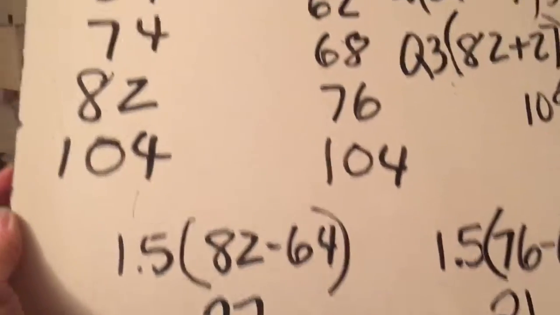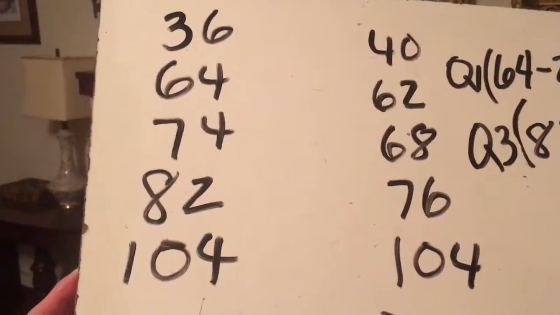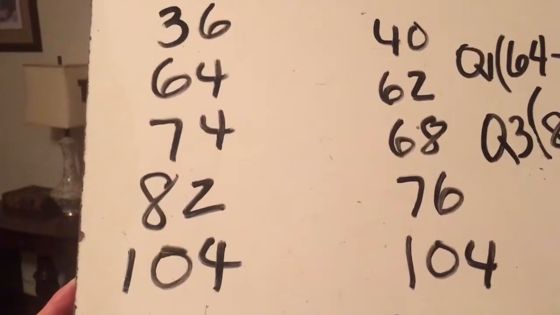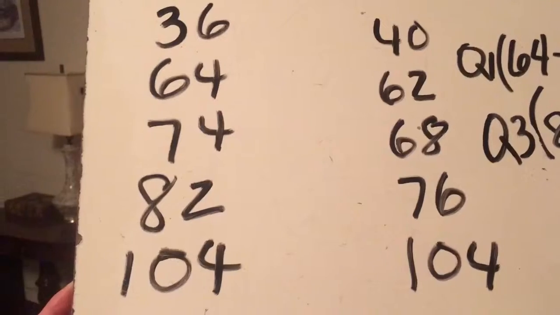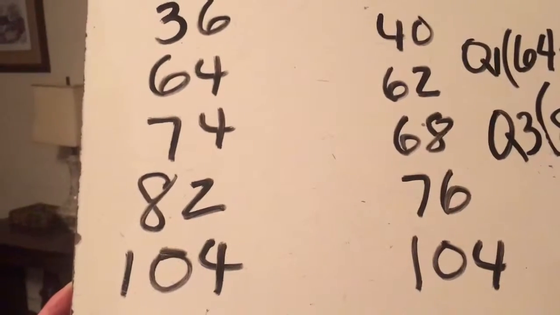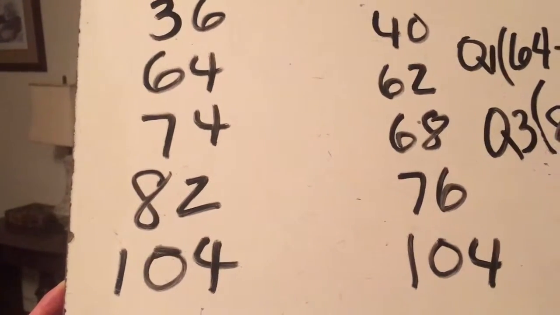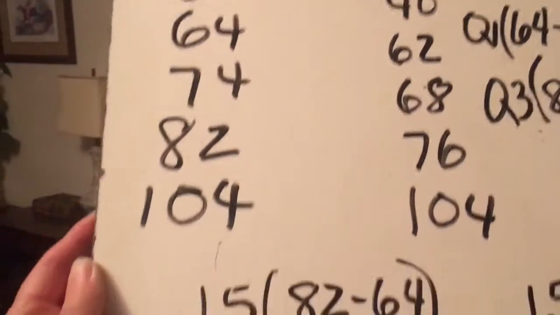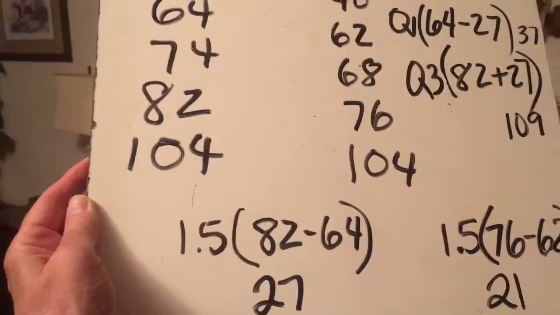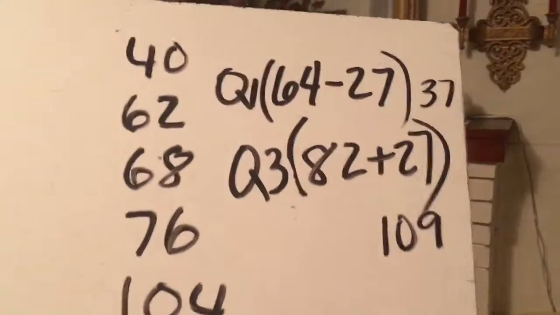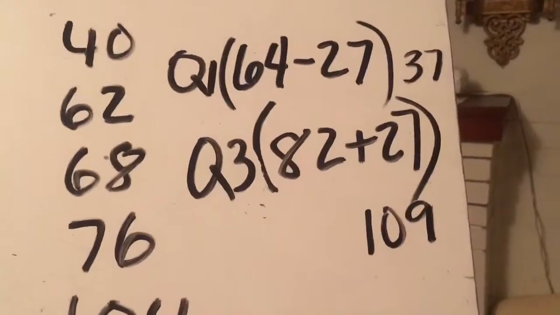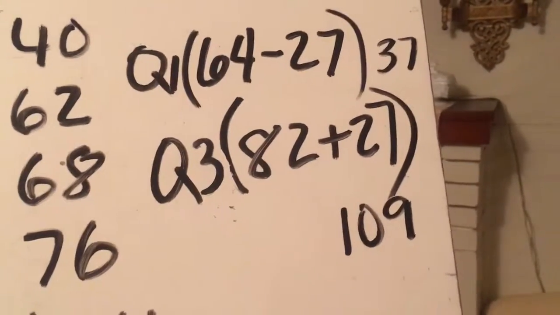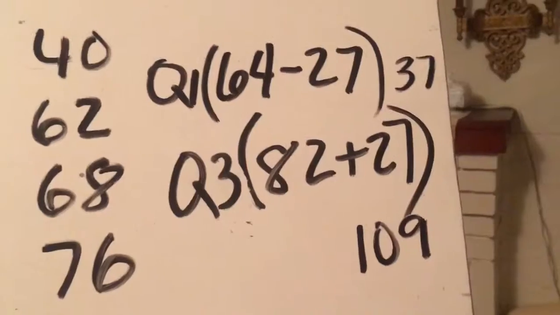So now what I have to do is take the 27 and subtract it from the 64 to find my lowest value that would be considered normal. Everything below that would be an outlier. And then I take my 82, which is my quartile 3, and I add the 27 to it. My outliers will be below 37 and above 109.